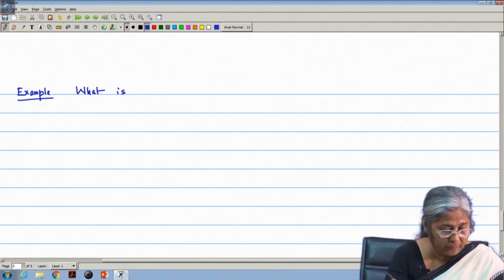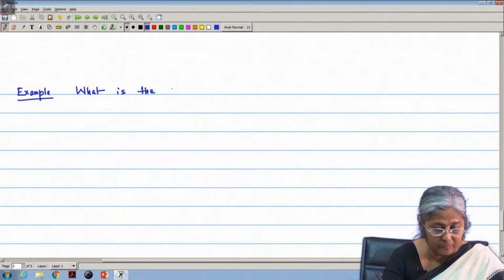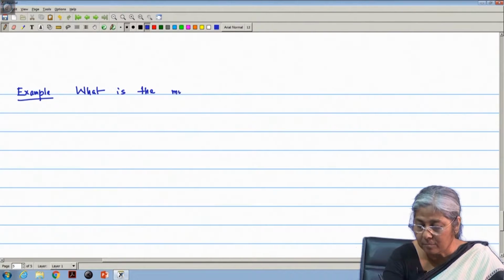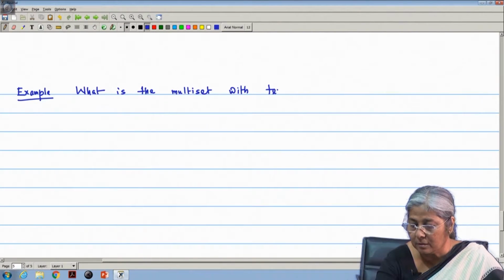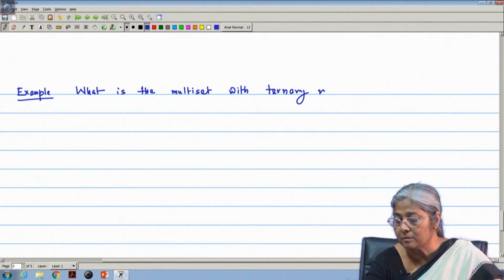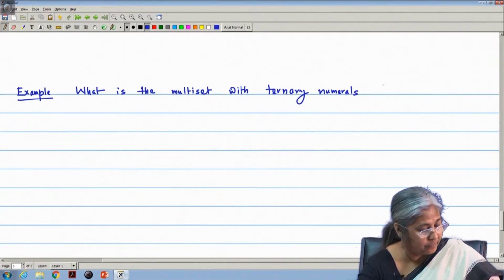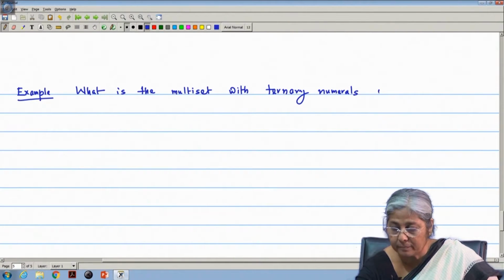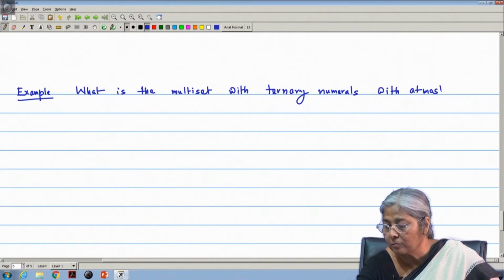What is the multiset with ternary numerals with at most 4 digits?